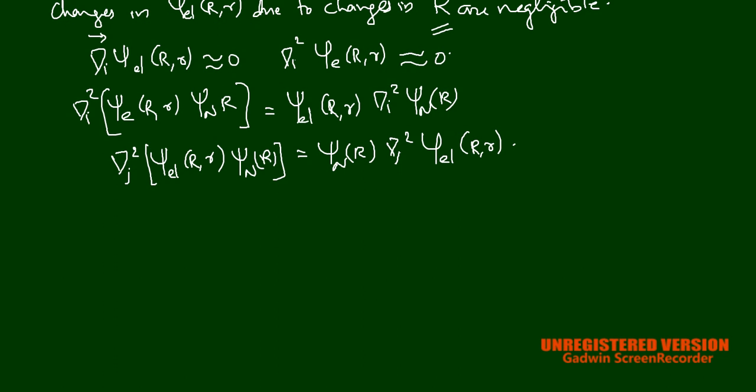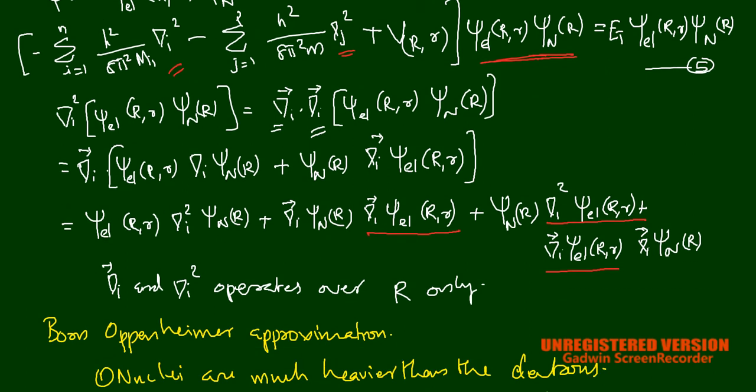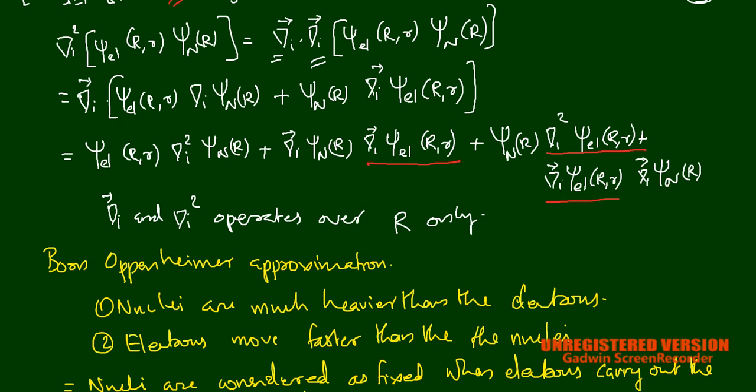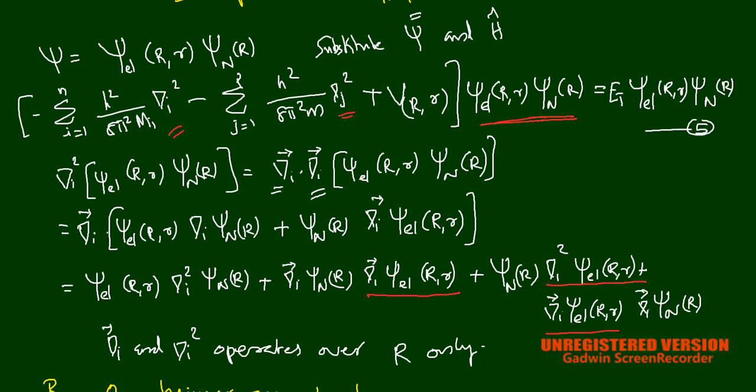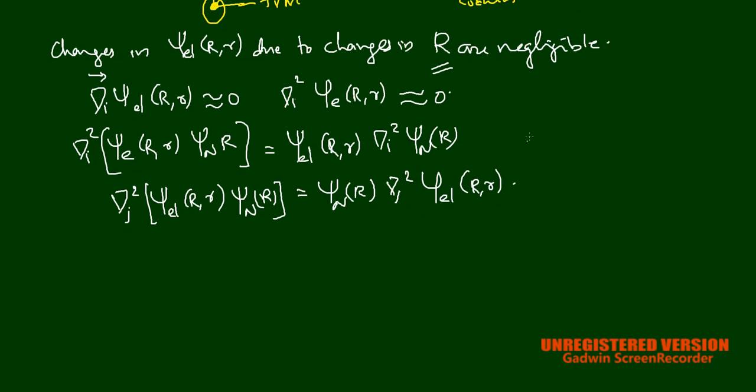So we have two expressions here, and let me give some numbers for these expressions. Let me give this one as 6, then this as 7, and this one as 8. Now what we are going to do is substitute these 7 and 8 in our Schrodinger equation.